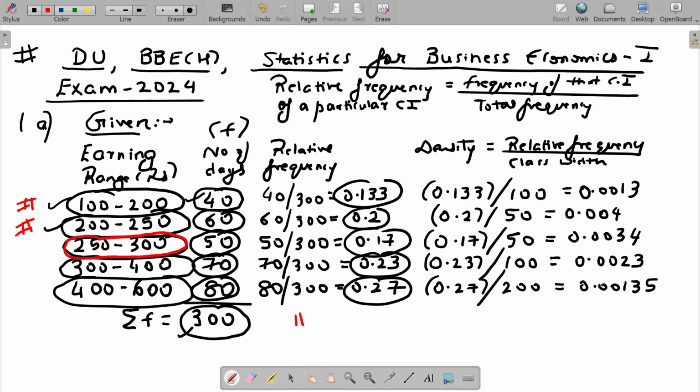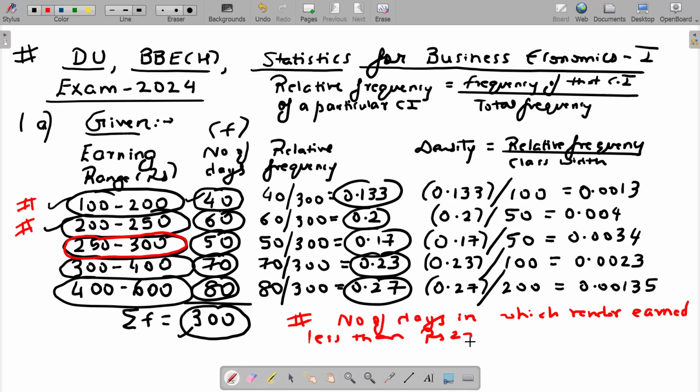So the number of days in which the vendor earned less than 270 rupees is 40 days where the vendor earned between 100 and 200, 60 days where the vendor earned between 200 and 250, and now 50 days where the vendor earned between 250 and 300.